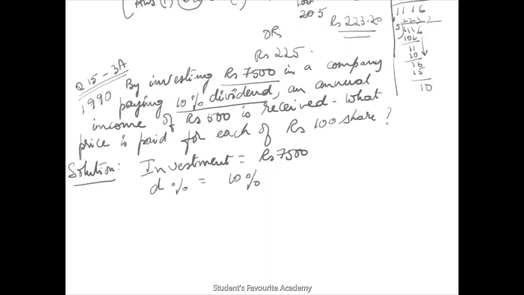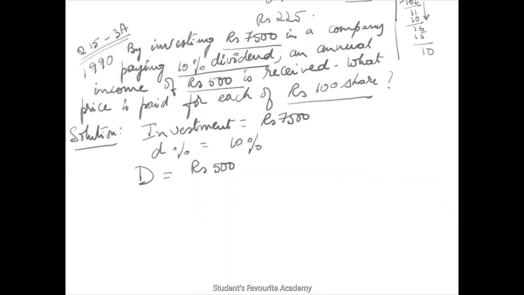Annual income of rupees 500, so dividend, capital D, is equal to rupees 500. What price is paid for each rupees 100 share? So nominal value is equal to rupees 100. That also we know.